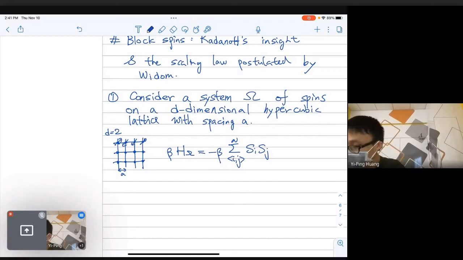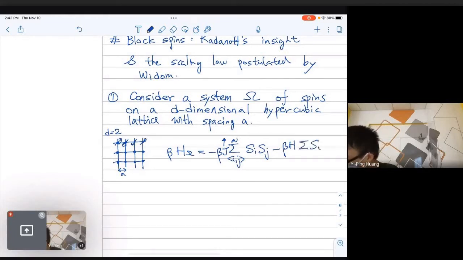So this term only couples nearest neighbors, and J is the energy scale for this coupling. We also consider an external magnetic field that can align the spins.